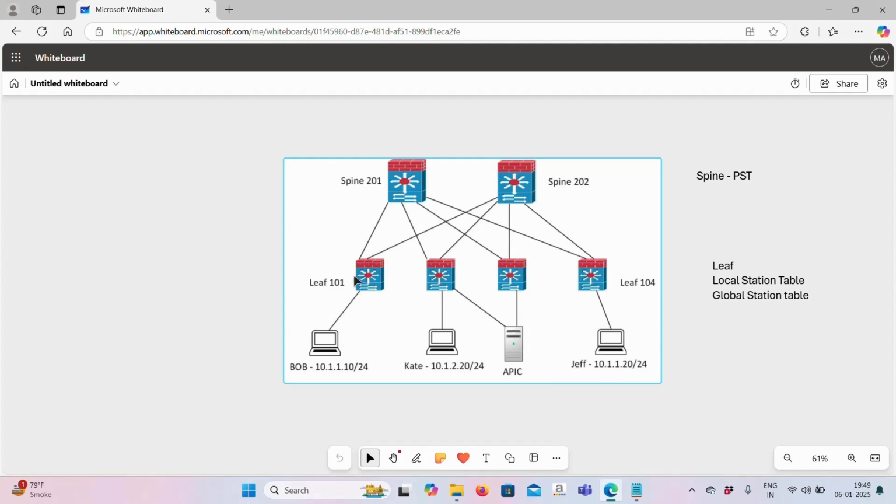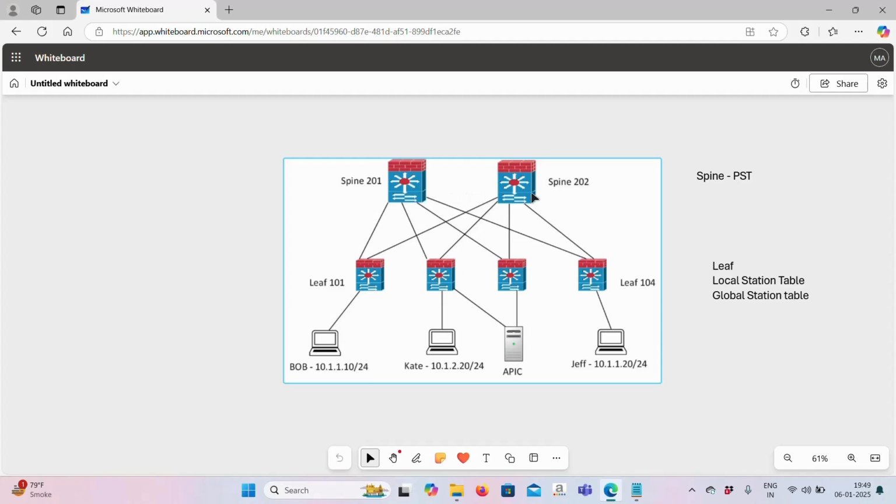So leaf 101 will make an entry for Bob in the local station table, saying that user Bob is connected with the IP address of 10.1.1.10 and the MAC address of BB on interface 1/10. Similarly, leaf 104 will make an entry for the user Jeff, saying that user Jeff is connected on interface 1/20. At the same time, the respective leaf switch will advertise that information to the spine switches.